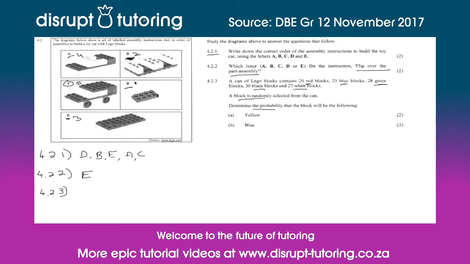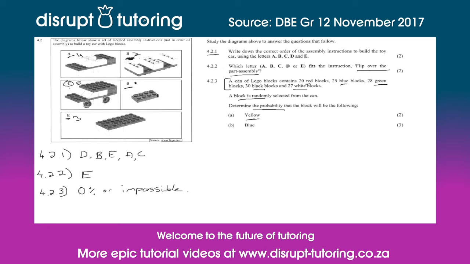Now determine the probability that the block is yellow. If you read the sentence again, they don't mention anything about a yellow block. So there aren't any yellow blocks. So the probability of getting a yellow is 0%. Or you can even say impossible, because it's not in the can.